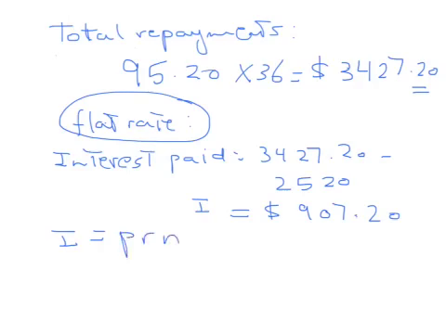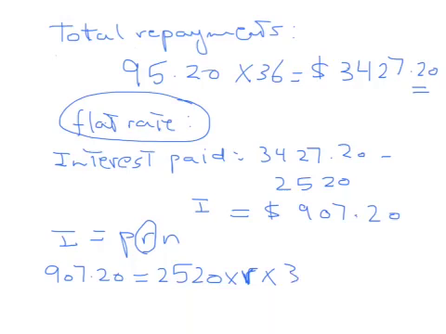I is the interest, P is the principal, in this case our balance, R is the rate that we need to find, and N is the number of years he took to make the payments. So $907.20 equals $2,520 times R, which is the variable we need to find, times 3.